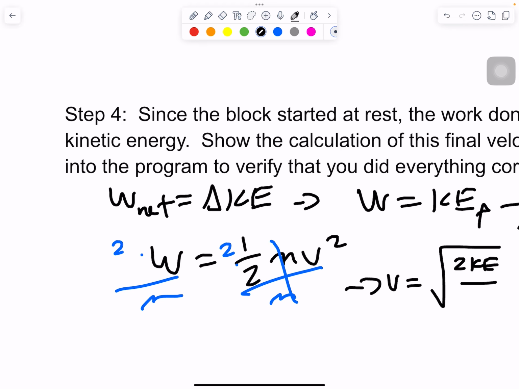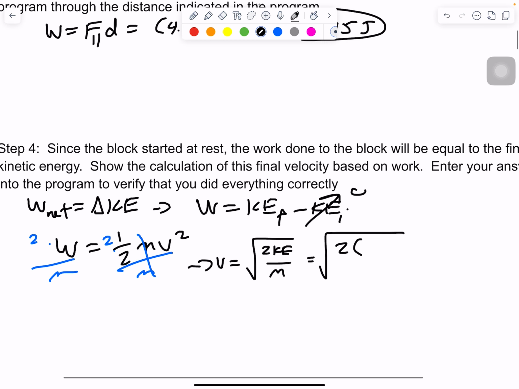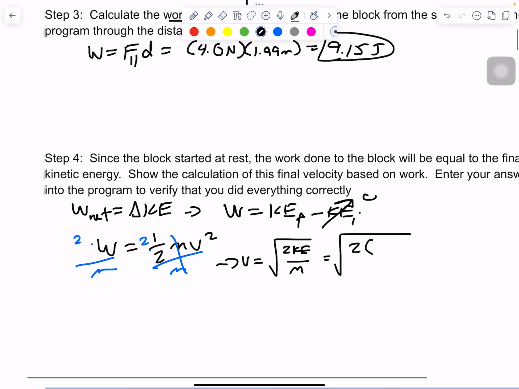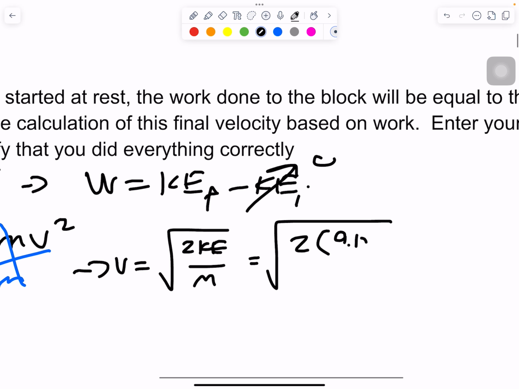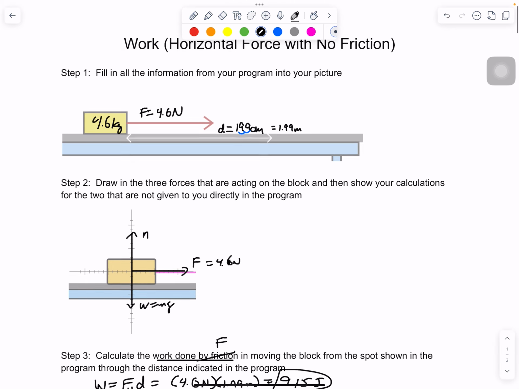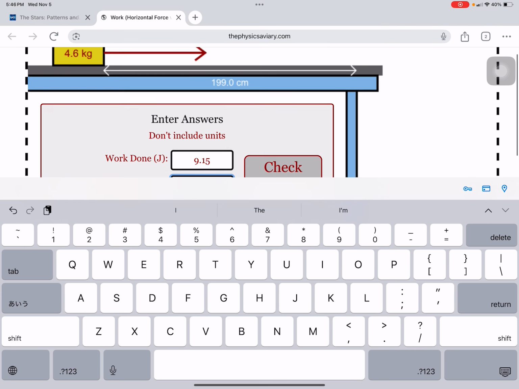2 times the kinetic energy over the mass. Plugging in, we have 2 times the work, which is the kinetic energy, over the mass, which in my case is 4.6. Just double check. Yes.